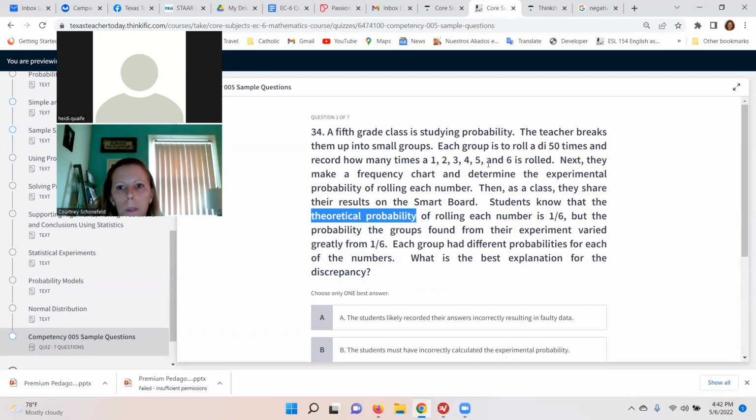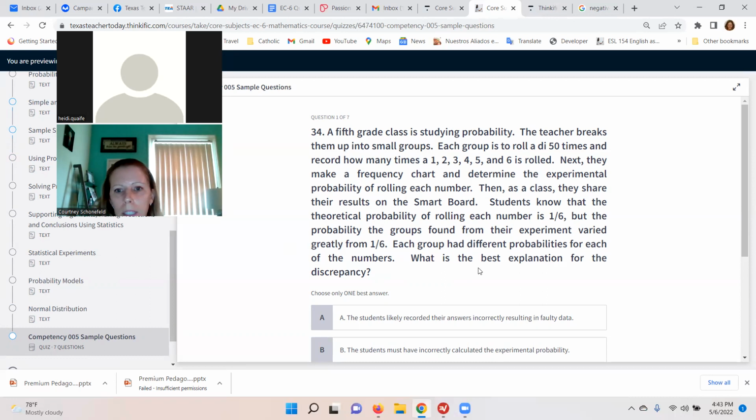That's called the experimental probability, the probability that you're actually performing. So how it works out in real life is not always how it works out in theory, right? What happens though is the more times you do it, the closer it gets to theoretical probability. So the more times you do an experimental probability, the closer that will get to theoretical.